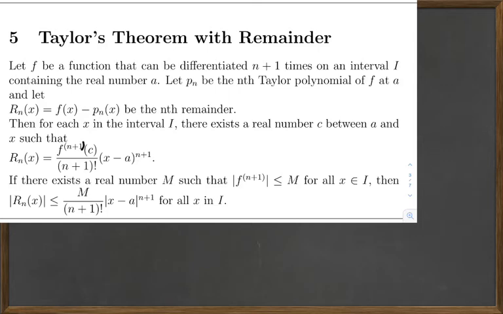If there exists a real number m such that the (n plus 1)th derivative evaluated at x is less than or equal to m for all x in the interval I, then the remainder in absolute value is less than or equal to m over (n plus 1) factorial, times the absolute value of x minus a to the n plus 1, for all x in I. And this is going to give us a bound on the remainder, or our error here.